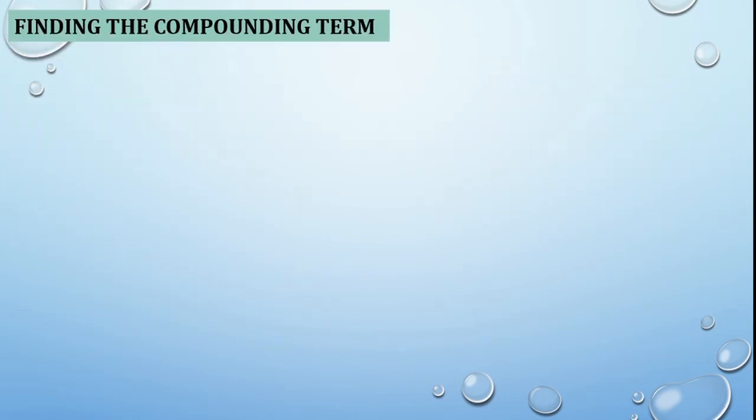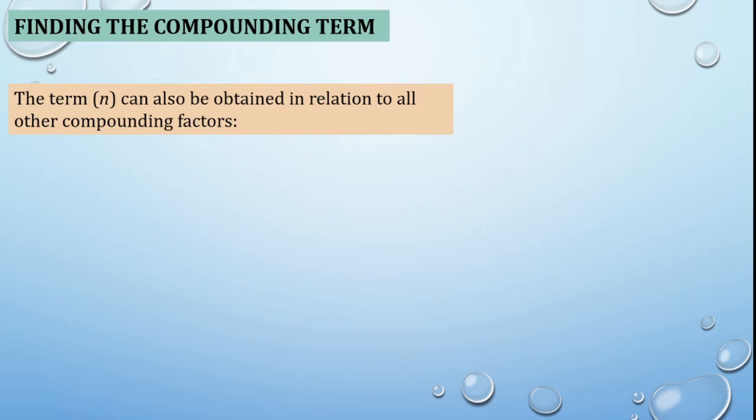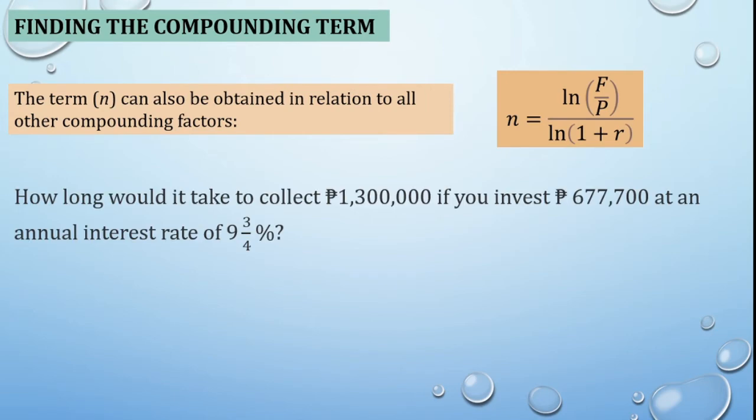Finding the compounding term. The term N can also be obtained in relation to all other compounding factors. The formula is N is equal to the natural logarithm of F over P divided by the natural logarithm of 1 plus R. Take for example, how long would it take to collect 1,300,000 if you invest 677,700 at an annual interest rate of 9 3/4%?